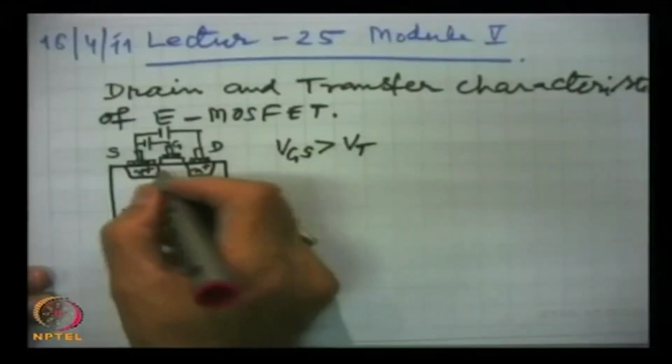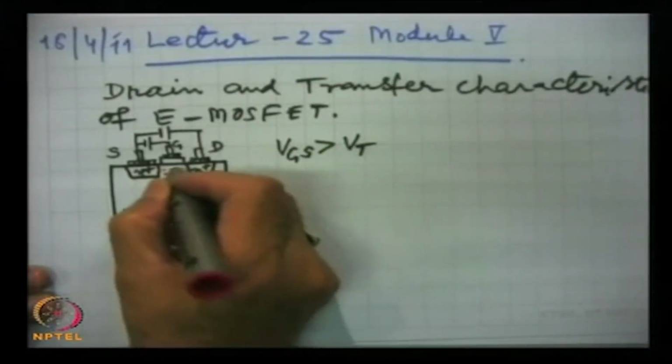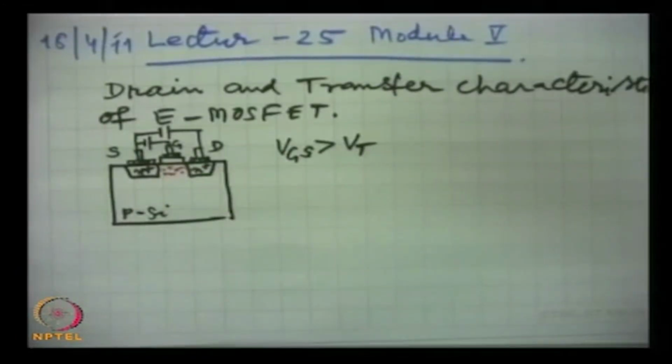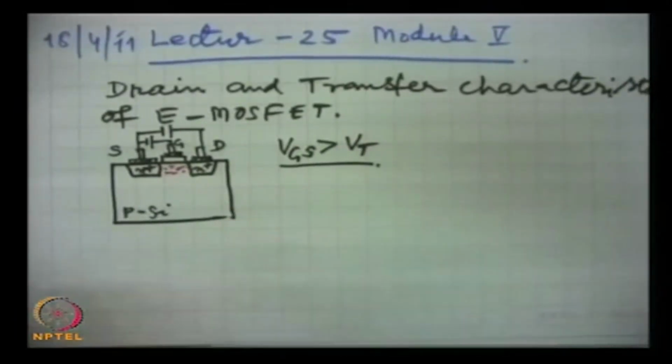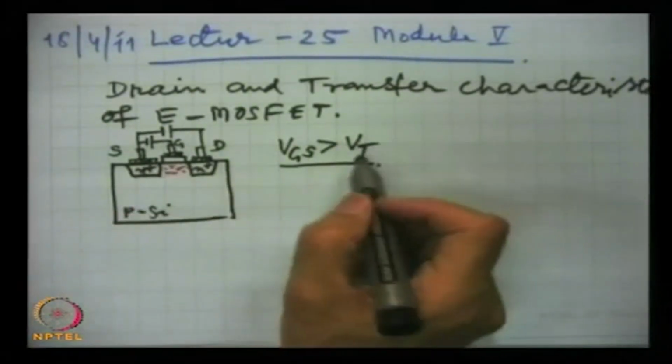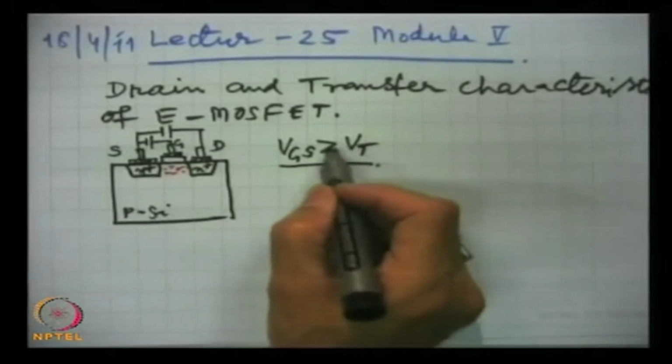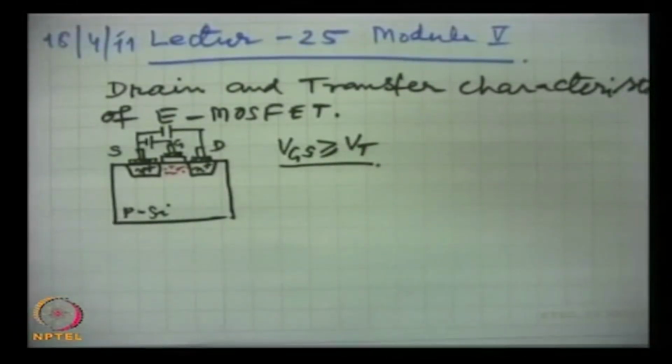Initially there is no channel, but a channel is created between the drain and source here. This is the channel, and conduction will occur under these conditions when VGS is greater than or equal to the threshold voltage.